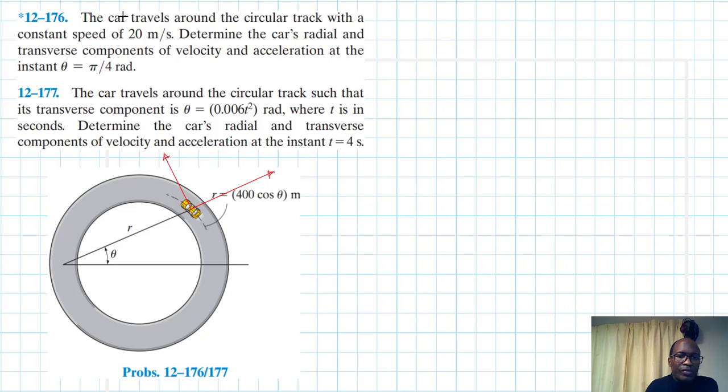Let's call this theta, and this one r. This is case 2, 12-177.